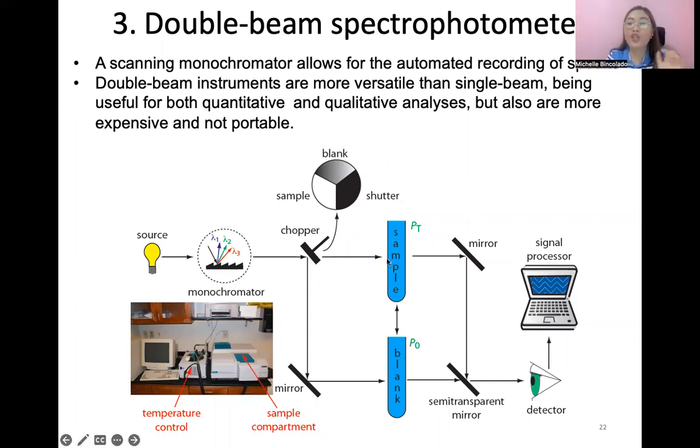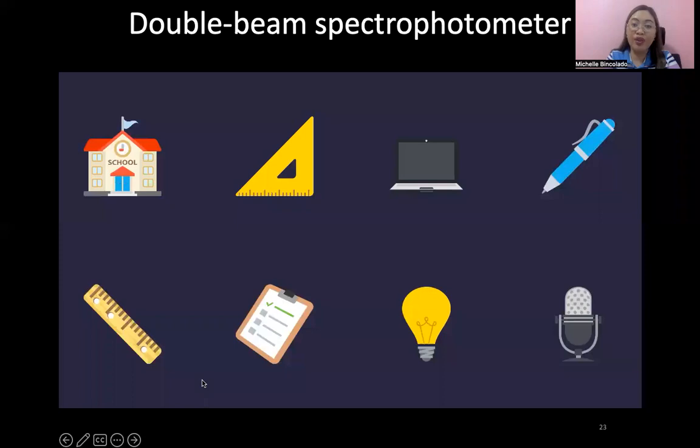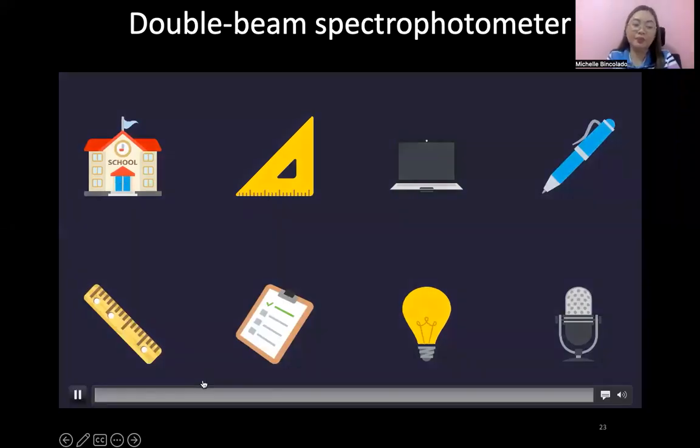So one will pass through the sample, one will pass through the blank. So ma'am, automatic yung comparison? Yes. Okay, the optics here will allow you to measure simultaneously. Alright, so para guys mas maunawaan natin, I have a video clip for the double beam spectrophotometer. Let's watch this.